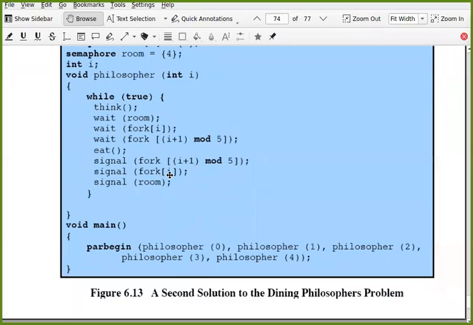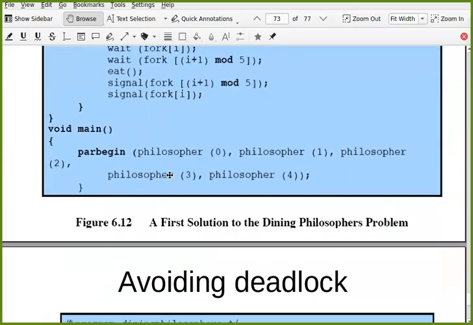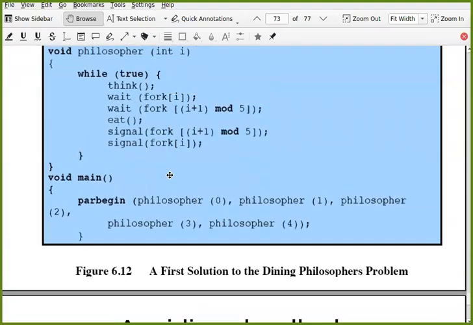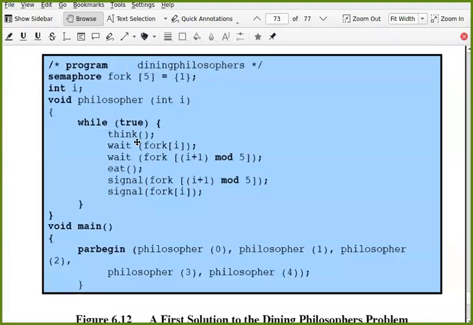One more thing: what is the problem? Can you see any problem? First of all, we need to devise an algorithm which achieves 2 things: mutual exclusion, and making sure that there is no deadlock.